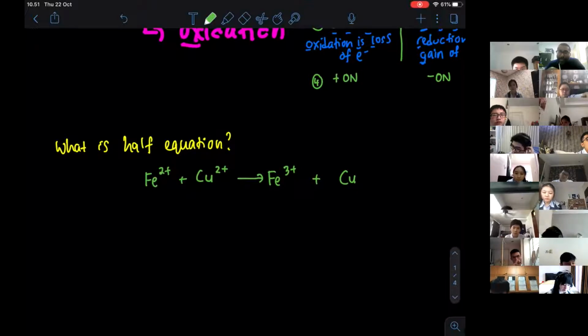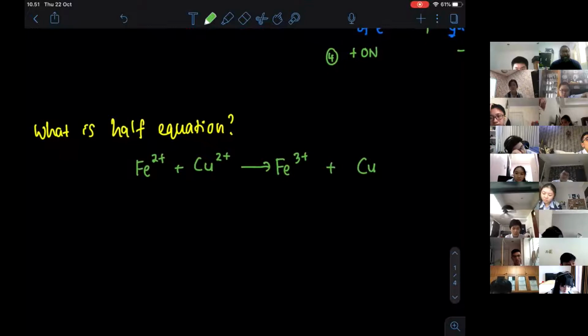If you look at this equation, to be exact, this is called an ionic equation. From where do I get an ionic equation?